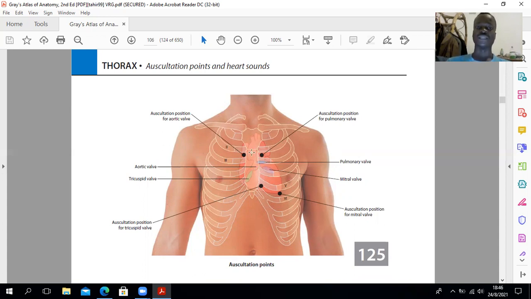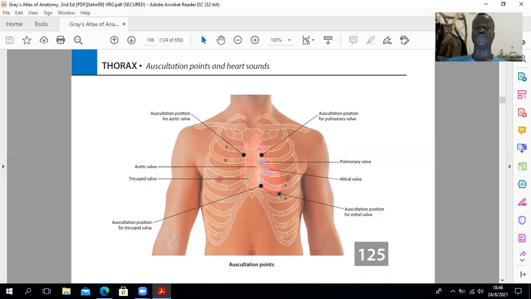But in terms of the sounds, you best hear the semilunar valves in the second intercostal space, whilst the mitral valve is best heard at the apex of the heart, which is in your fifth intercostal space, 9 centimeters from the midline, right?